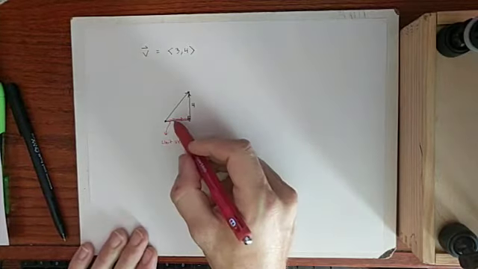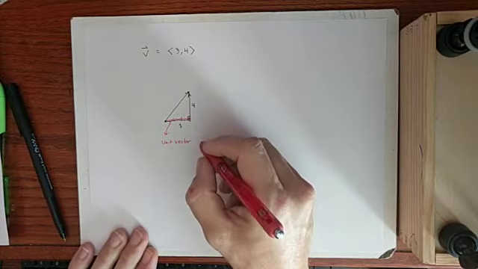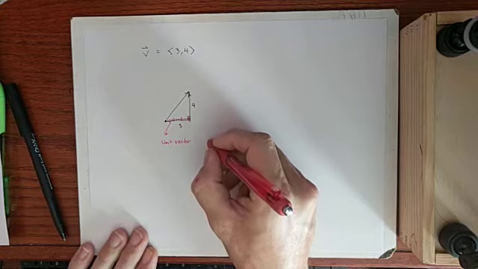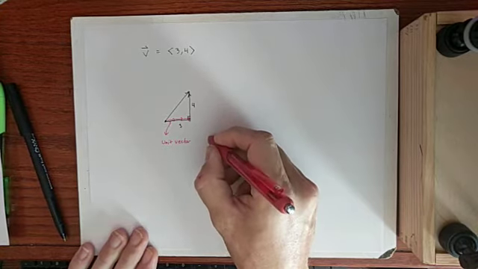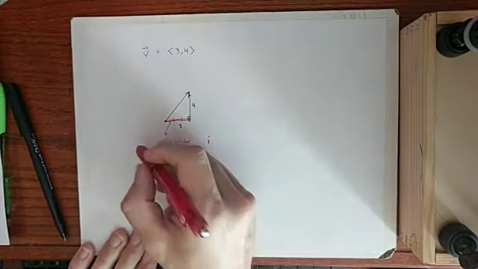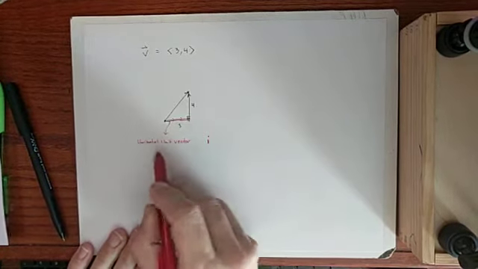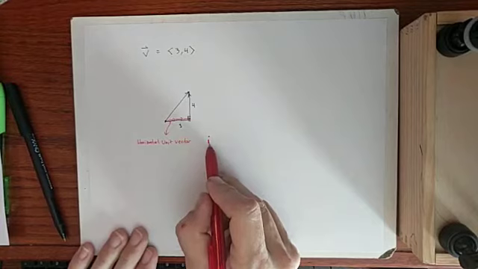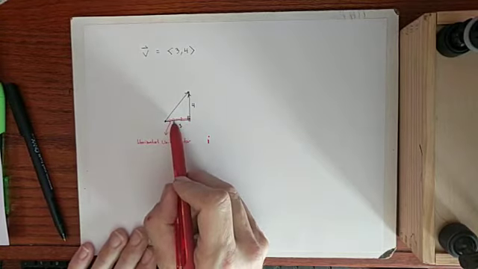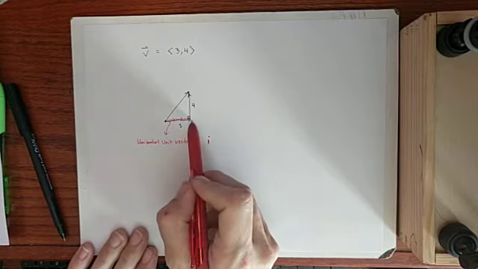Okay, the unit vector in the x direction, or the horizontal one, is called i. So that's going to be called the horizontal unit vector. That's called i. So we can multiply that by 3 to get our component, right?